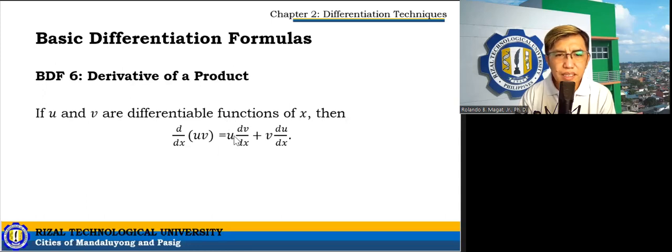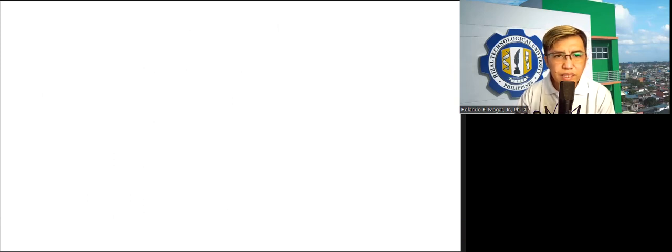So, ang sinasabi lang dito is that yung first function u times yung derivative ng function v plus yung function v times yung derivative ng function u. Okay? Let's prove that.